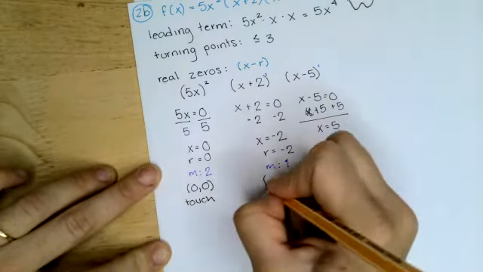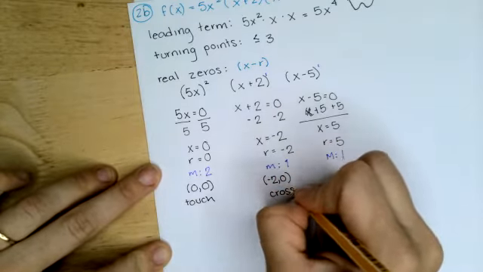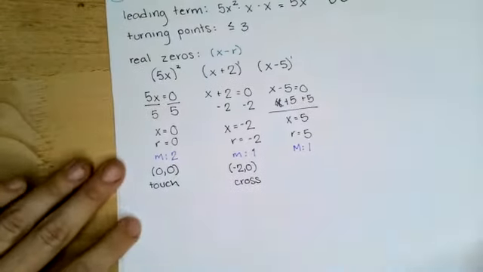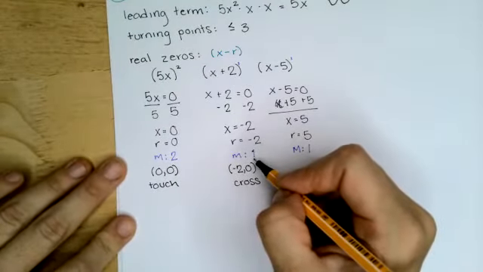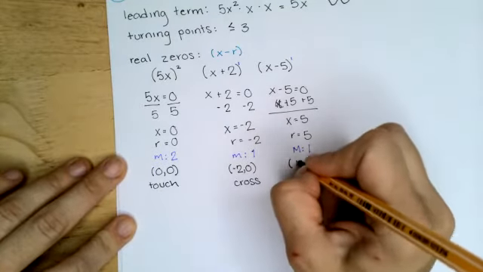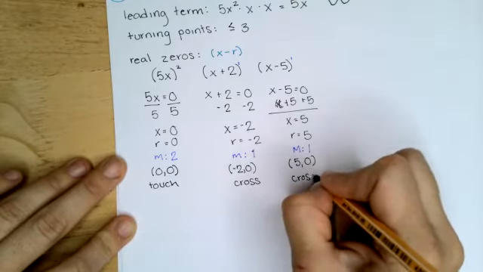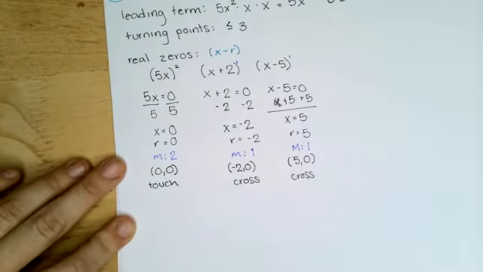Here is the point negative 2, 0. It's going to cross because 1 is an odd number, so every odd multiplicity is going to cross the x-axis. This is the point 5, 0. And it is also going to cross because it is also an odd multiplicity.